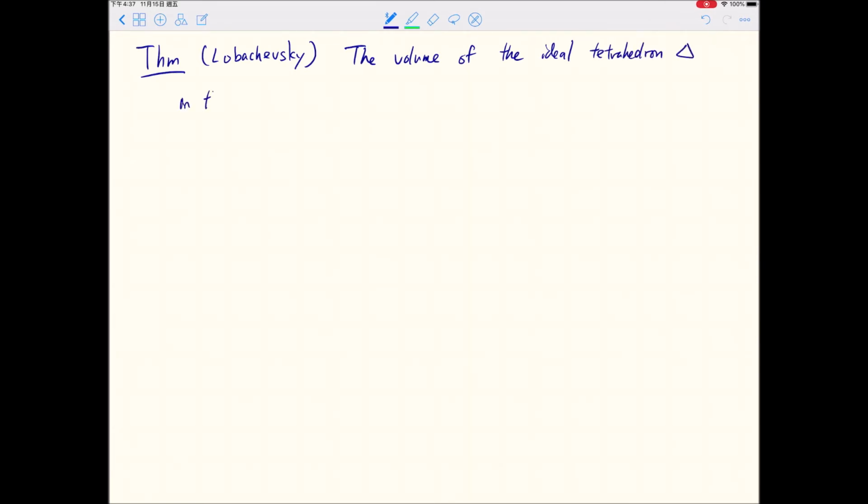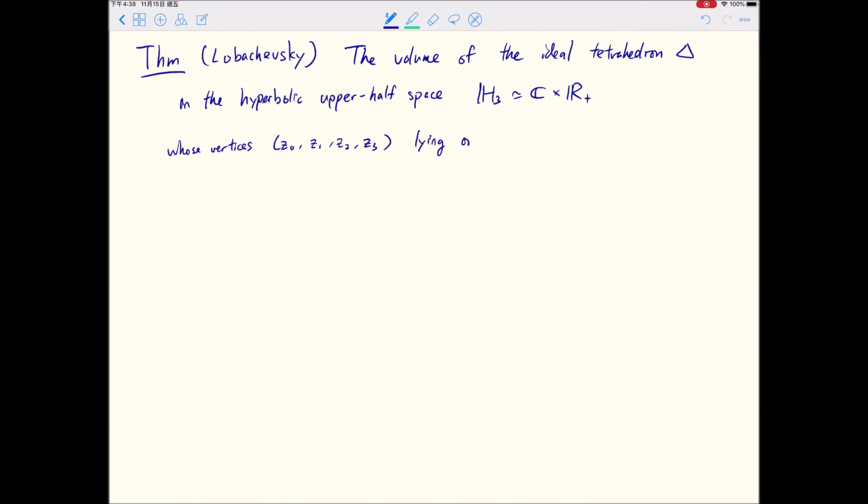in the hyperbolic upper half space, so this is the complex plane together with the upper half space, whose vertices will be labeled by 4 coordinates, and by definition an ideal tetrahedron should have its vertices lie at infinity.